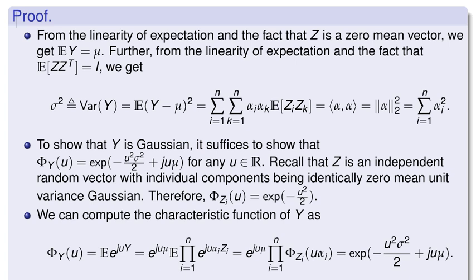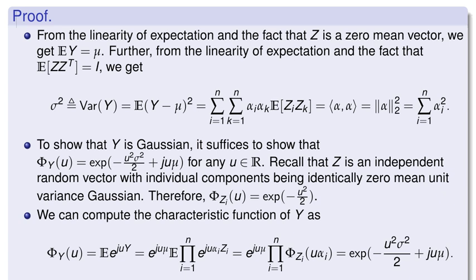Now, compute phi_y of u, which is the expectation of e to the j u y. Substituting y equals mu plus the sum of alpha_i z_i, we get the expectation of e to the power j u times the quantity mu plus the sum of alpha_i z_i.